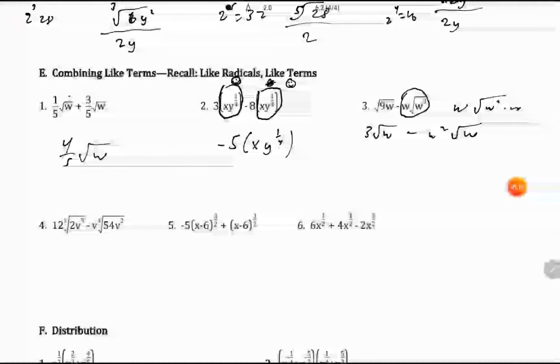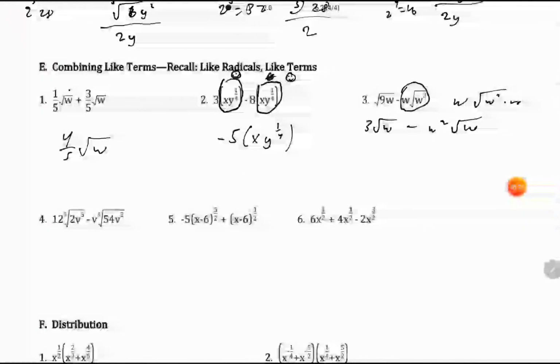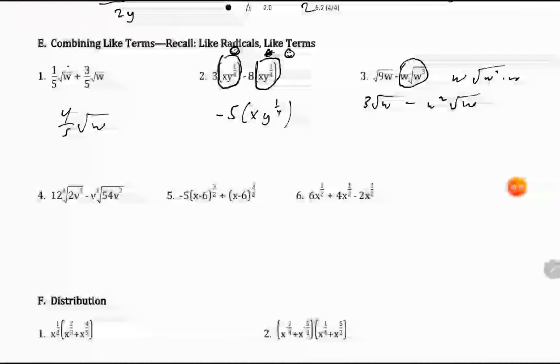So now we have the same square root. If I have 3 square roots of w and w squared square roots of w, and I'm going to subtract them, that is the same thing as 3 minus w squared, in parentheses, square roots of w. Okay. Same thing with that whole apple thing. 3 apples minus w squared apples is 3 minus w squared apples. If that makes any sense.